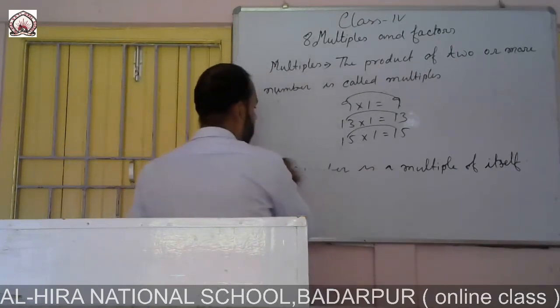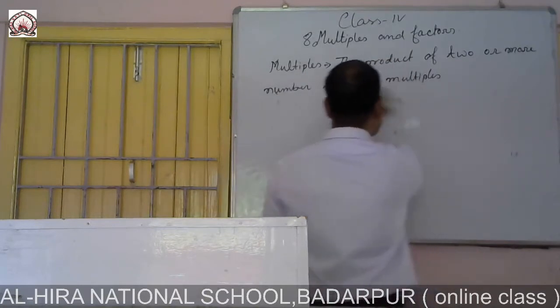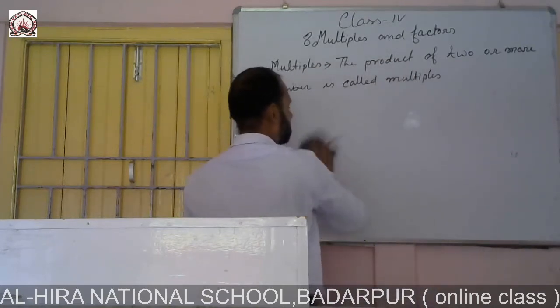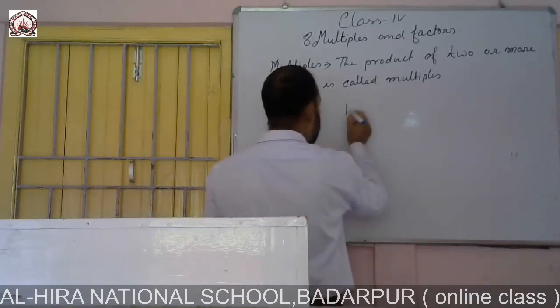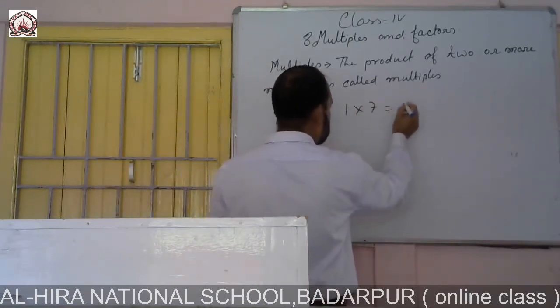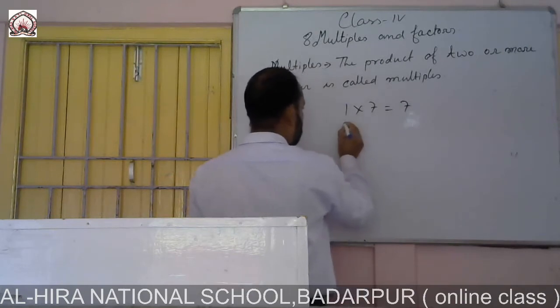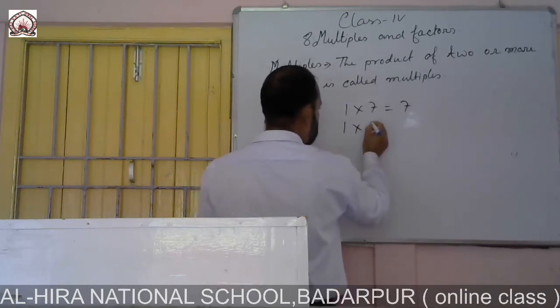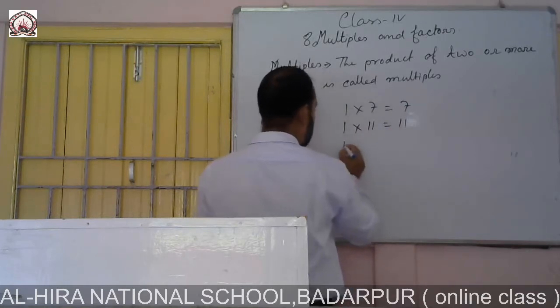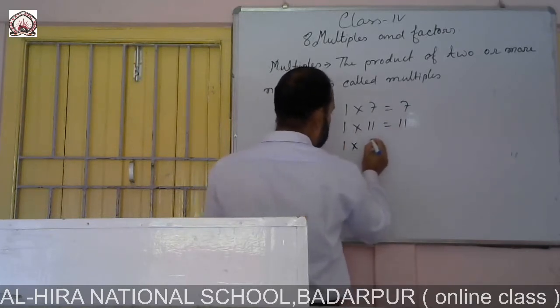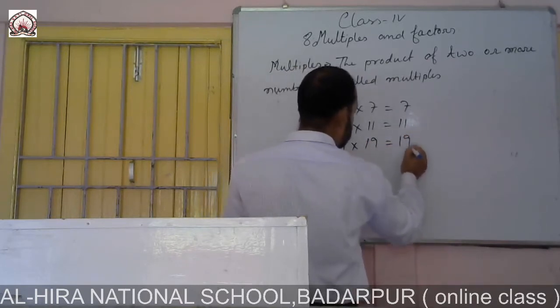So let me take one more example. Suppose 1 into 7 equal to 7, 1 into 11 equal to 11, 1 into 19 equal to 19.